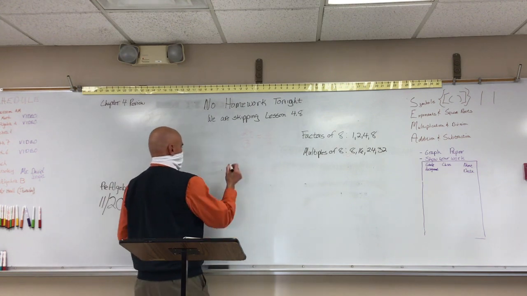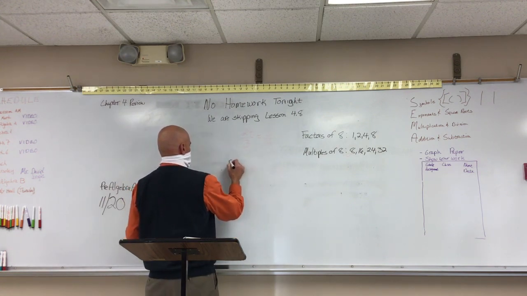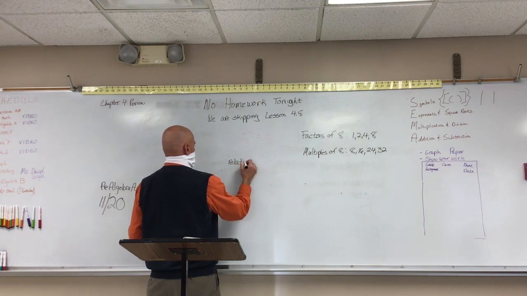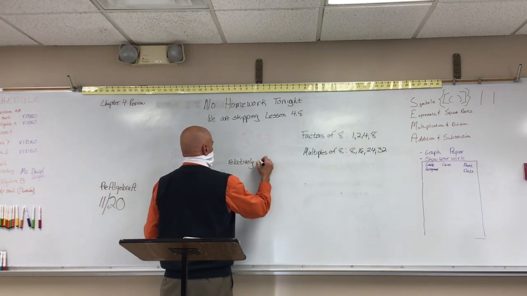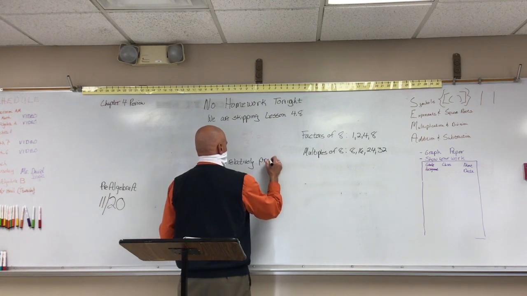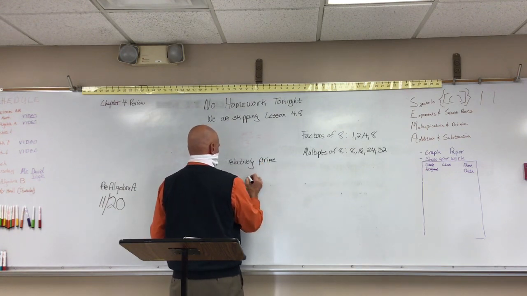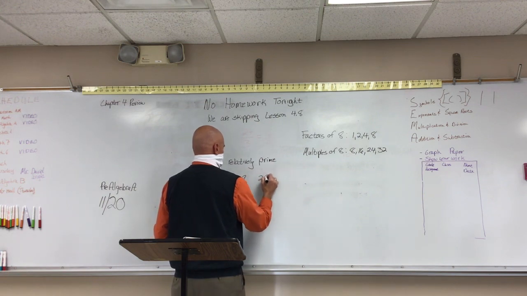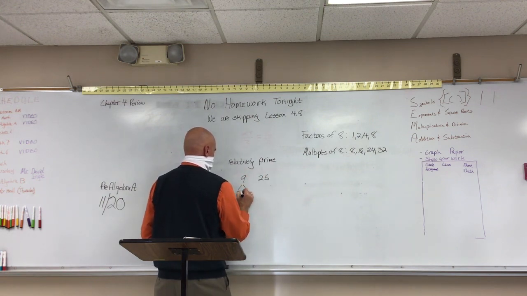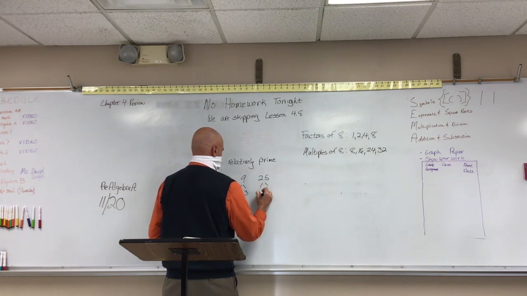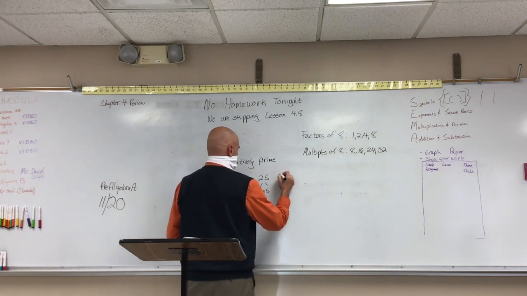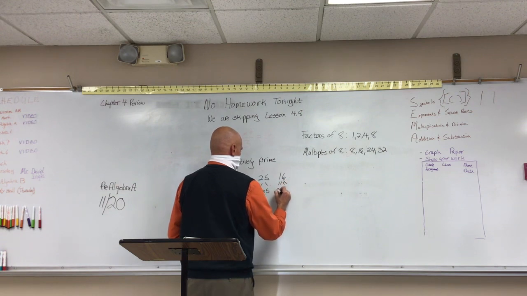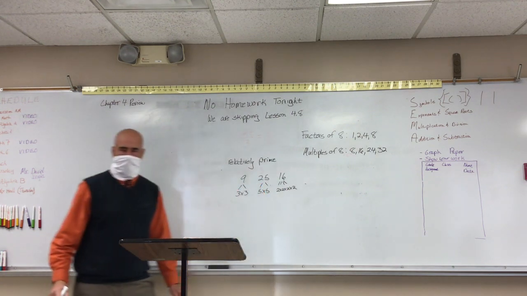So, a great example of relatively prime is, right? We can do 9 and 25, for example, right? 9 breaks down to 3 times 3, 25 breaks down to 5 times 5. We can add 16 to this group, right? And that breaks down to 2 times 2 times 2 times 2. That's a relatively prime group.